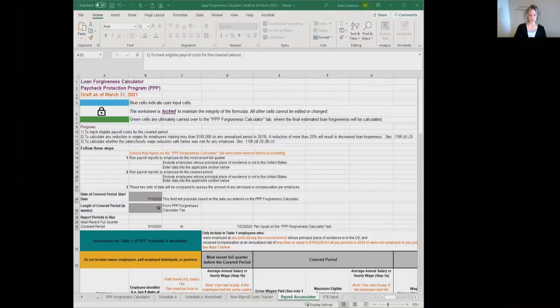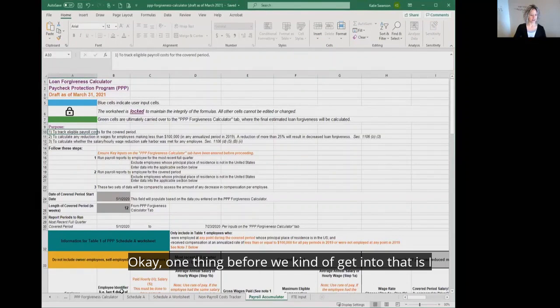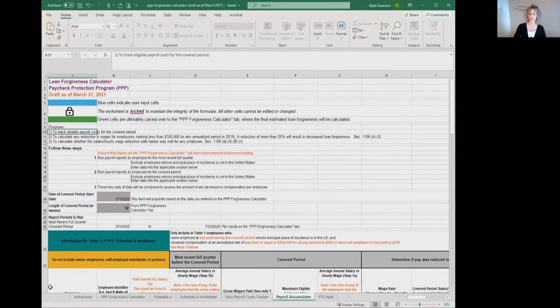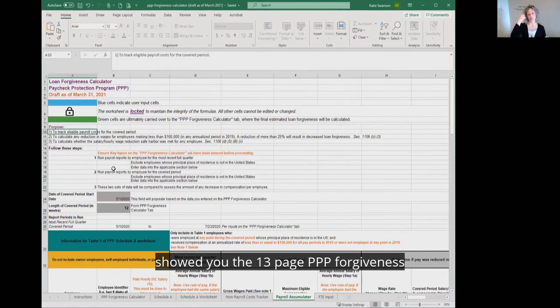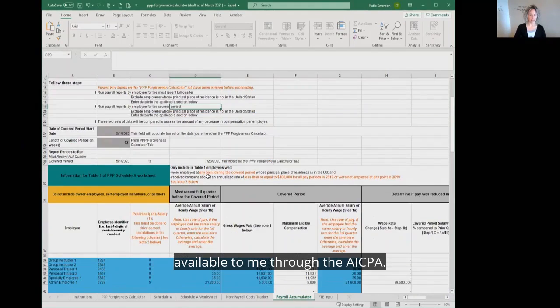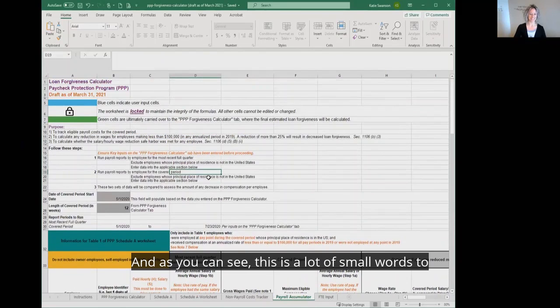Okay, one thing before we get into that: I showed you the 13-page PPP forgiveness application. What I'm in right now is a calculator that I have available to me through the AI CPA. And as you can see, this is a lot of small words still, just like the application.